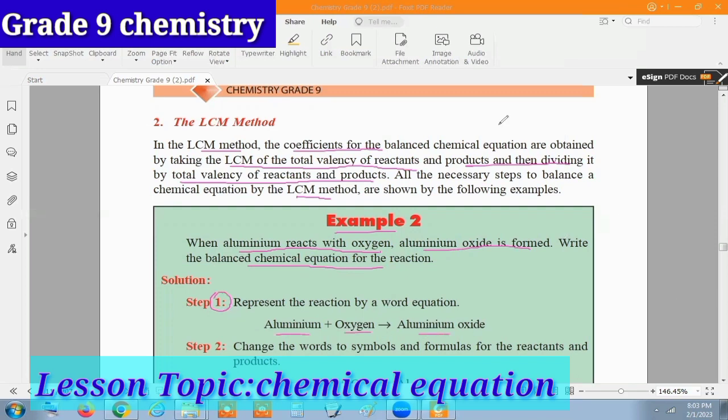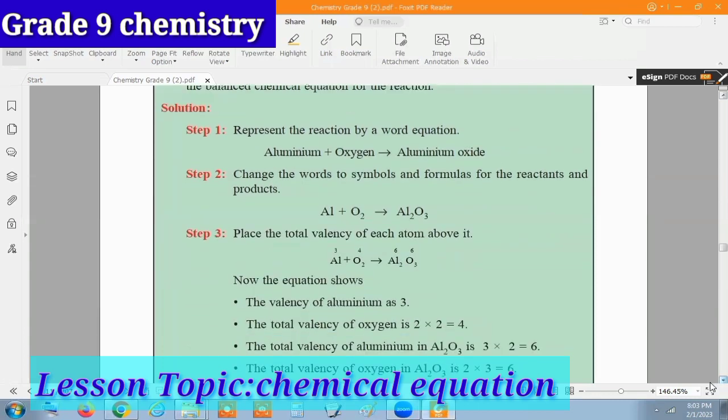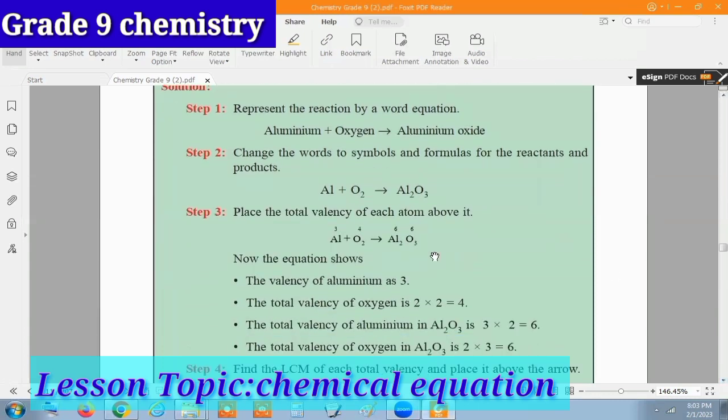Now the next step is to change this word equation into symbols and formulas. The symbol for aluminum is Al and for oxygen is O2, because oxygen is a diatomic molecule, so we have to use the number 2. Then the product becomes aluminum oxide.